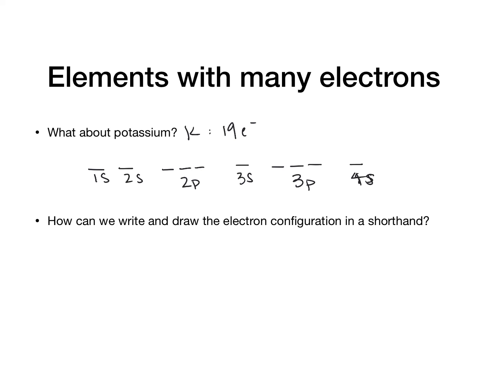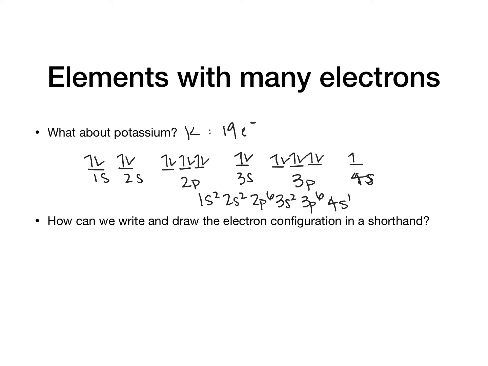Then we just put in our 19 electrons, making sure to follow the rules. 1, 2, 3, 4, 5, 6, 7, 8, 9, 10, 11, 12, 13, 14, 15, 16, 17, 18, 19. We can also write this as 1s2, 2s2, 2p6, 3s2, 3p6, 4s1.